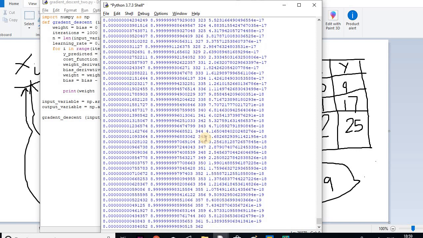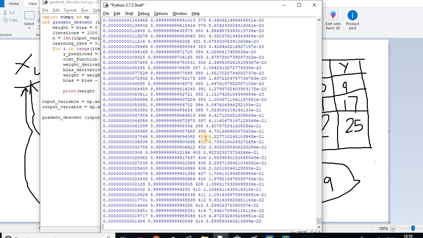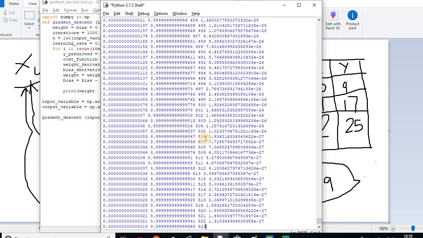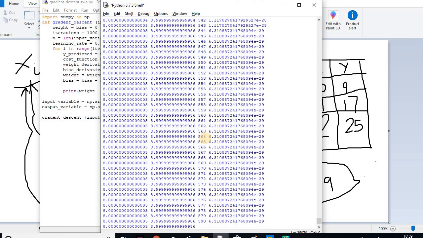In this value as well, the cost function is decreasing, so it's somewhere near 0.1 and 0.11, like that. It is again decreasing the cost function, and the weight and the bias are also somewhat closer. It's really interesting, this trial and error approach.